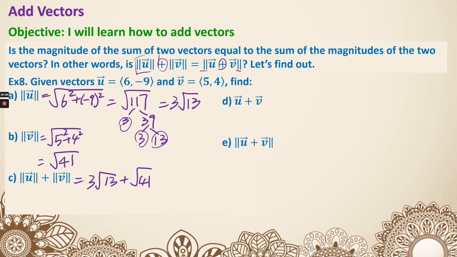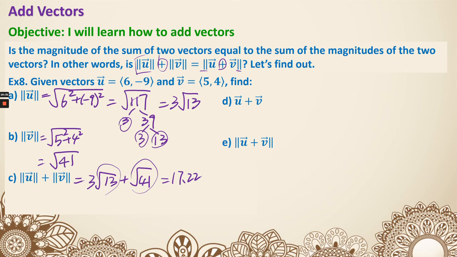That does not work. Or some of you may think, I can use the 117 add 41, then I get square root of 158. That does not work. The only time you can add these radicals is when they are the same, like combining like terms. In this case, you can't add them together. All you can do is change them into decimals if you want to compare the numbers. So that would be about 17.22.